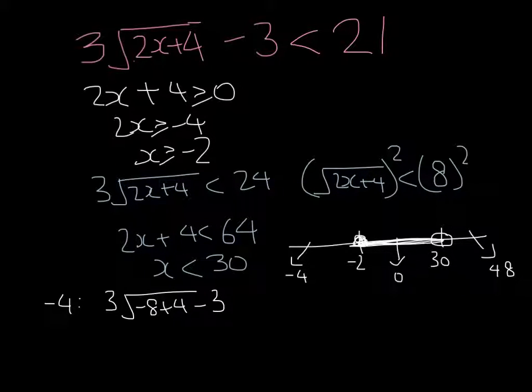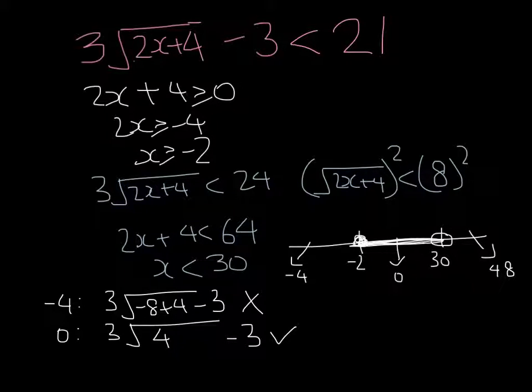And that gives us a negative under the square root, so we can't do that. If I plug in 0, then I get 3 times the square root of 0 plus 4, which is the square root of 4, minus 3, which gives us 3 times 2 minus 3, which is less than 21.